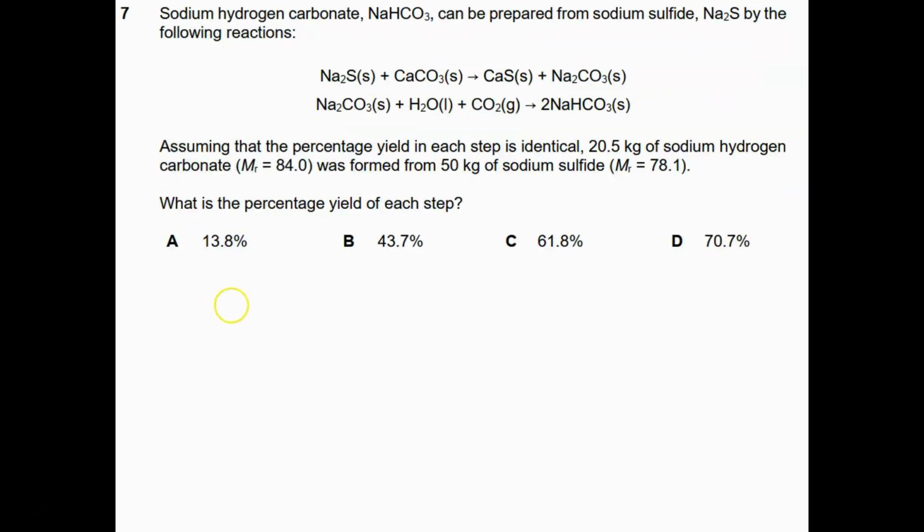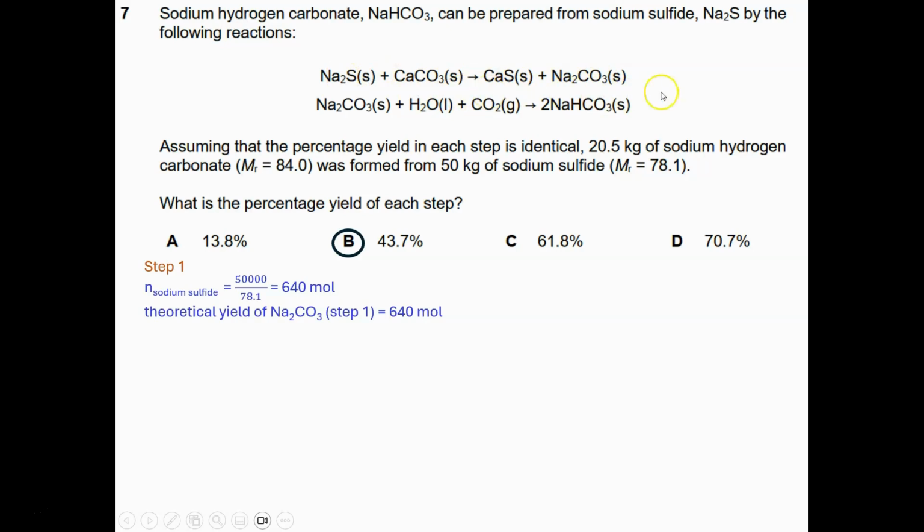Question 7, we need to find the percentage yields of each step. Answer is B. So we're going to look at each step to find the percentage yield. For the first step, the amount of sodium sulfide which I used is the mass divided by the Mr, 640 moles, which means that theoretically, I should also get 640 moles of sodium carbonate because it is a 1-to-1 stoichiometry.